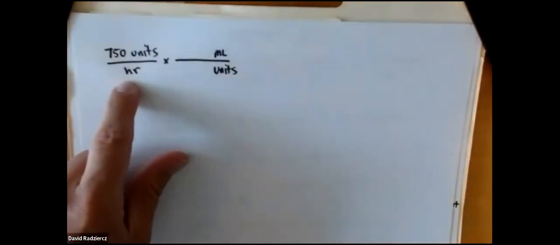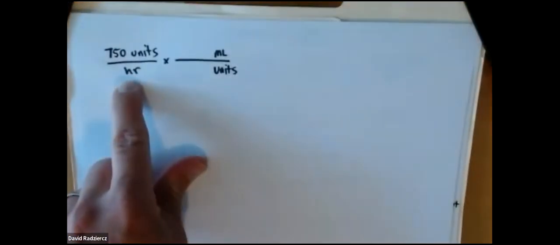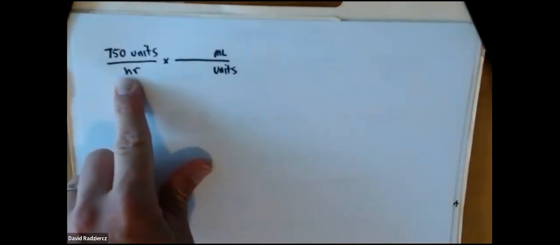Just make sure hours are in the denominator and milliliters are in the numerator. As long as you got that, you should be fine. If you don't like the words numerator and denominator, make sure hours are in the bottom and milliliters are in the top, just like the question asks to calculate the flow rate in milliliters per hour.